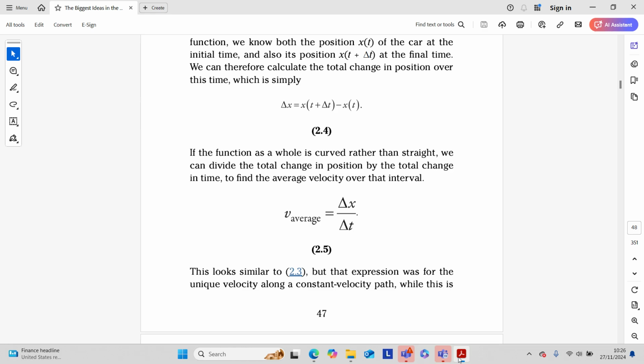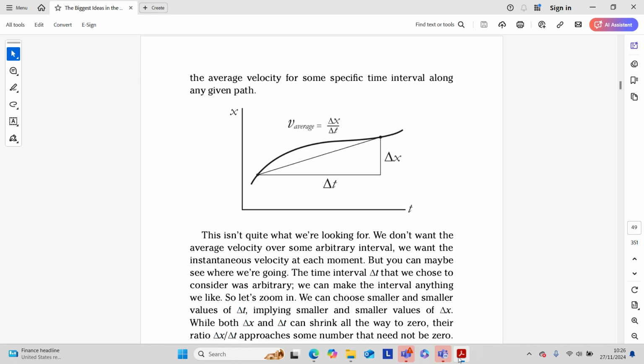This looks similar to the previous equation, but that expression was for the unique velocity along a constant velocity path, while this is the average velocity for some specific time interval along any given path.